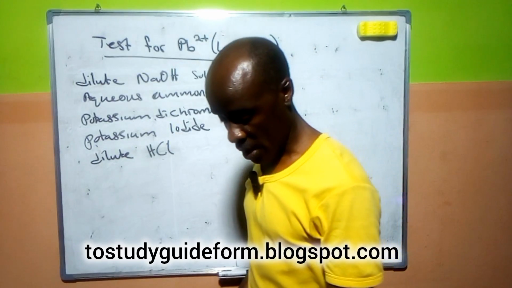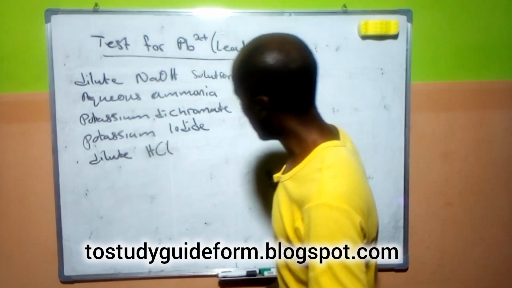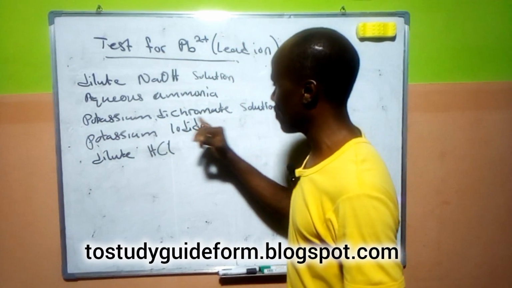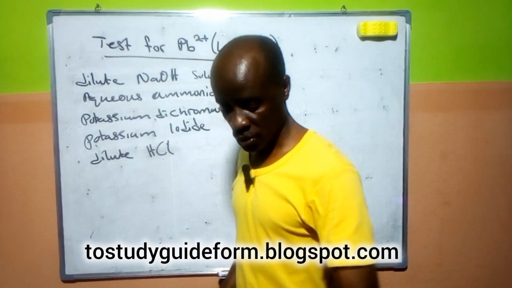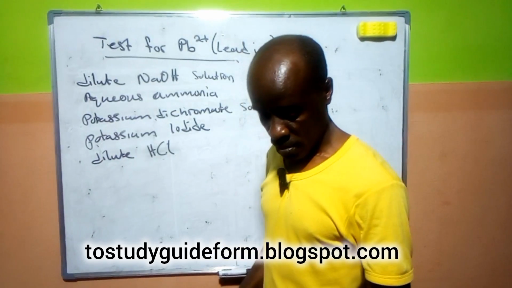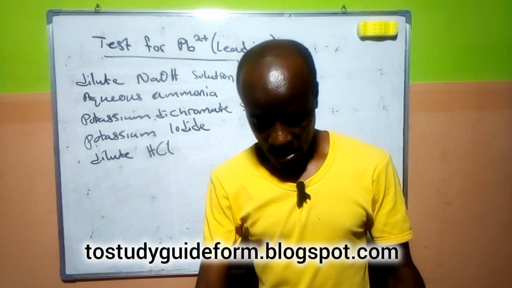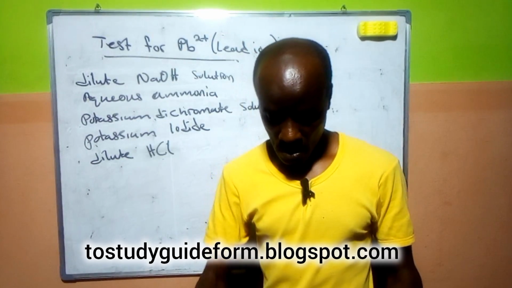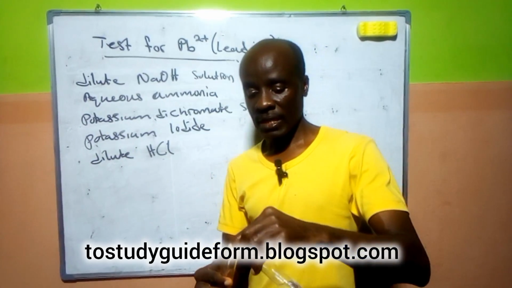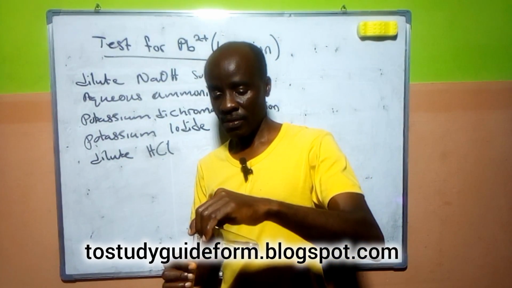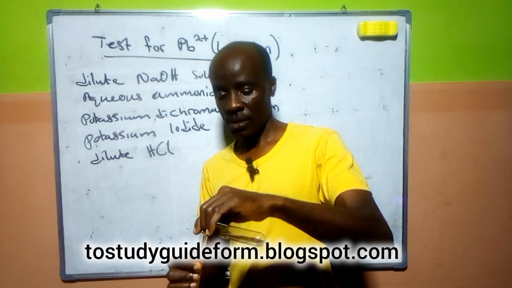So the next thing we're going to be doing is to really find out exactly what we have here. Let's try it with potassium iodide. It has another predetermined test for lead ion.